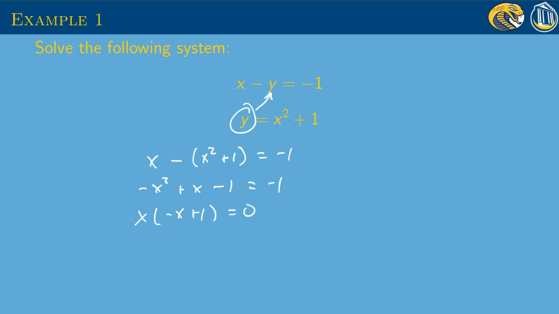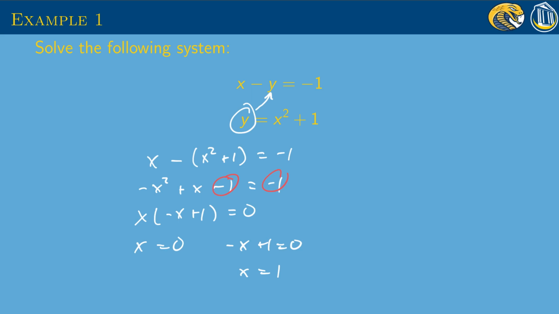Notably, these minus 1s ended up canceling. Since we have an already factored quadratic equation, we can now solve this, giving us two solutions, x equals 0, or negative x plus 1 equals 0. That is, x equals +1.